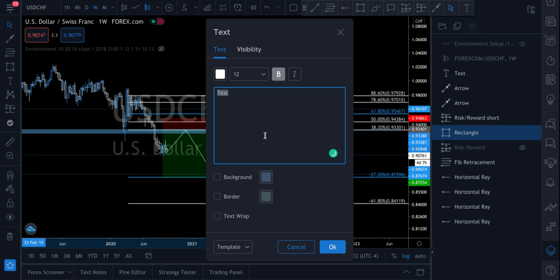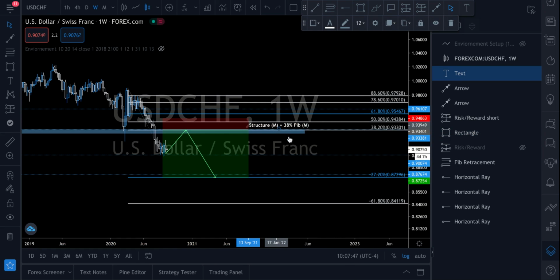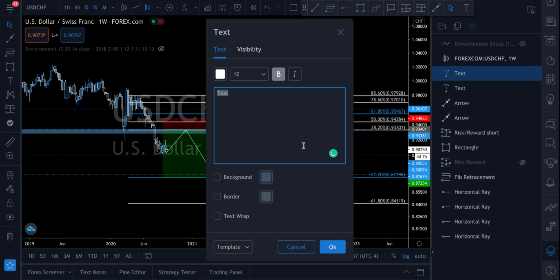So remember, this was a critical area of structure. So this was support. We'll just do structure. Monthly, because it was monthly, plus 38 fib monthly. Same thing right here.